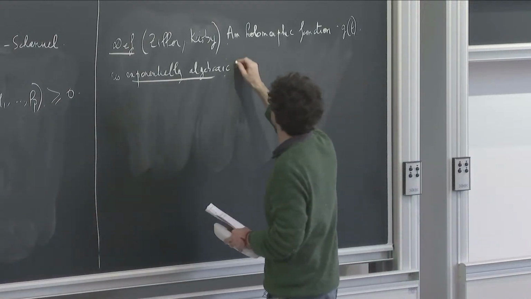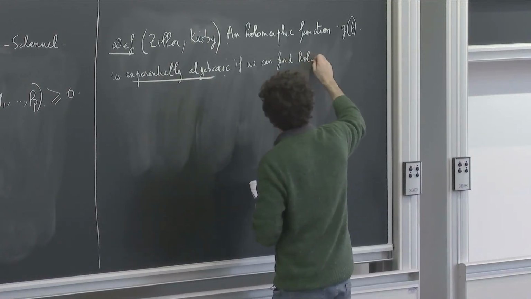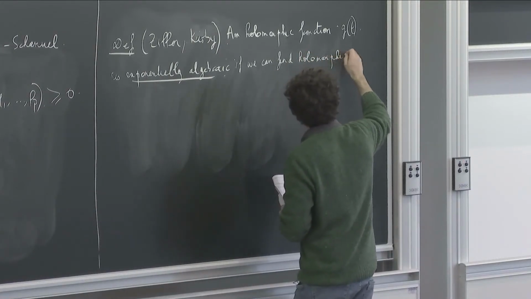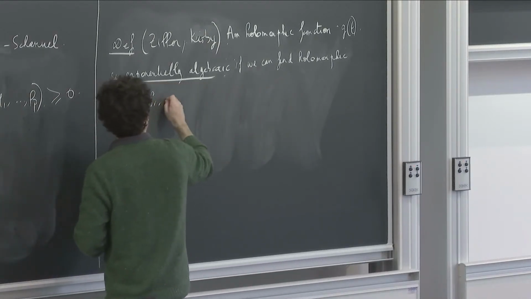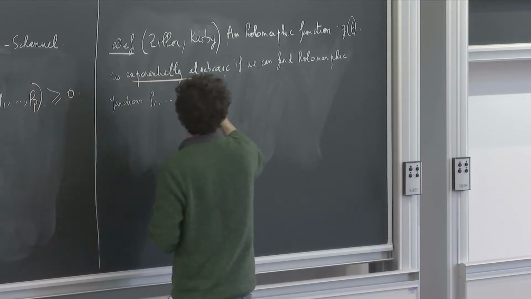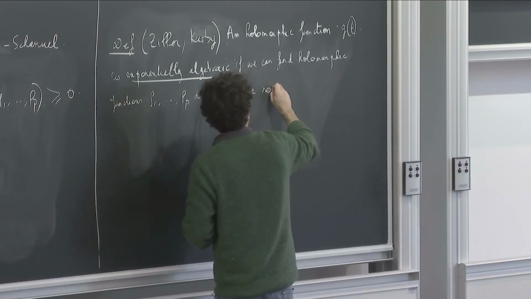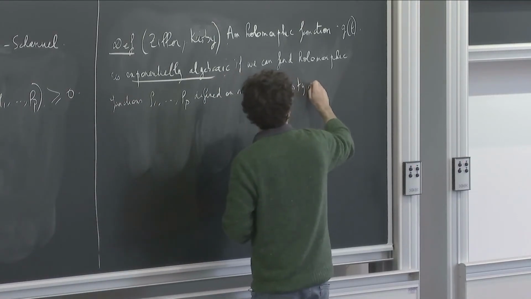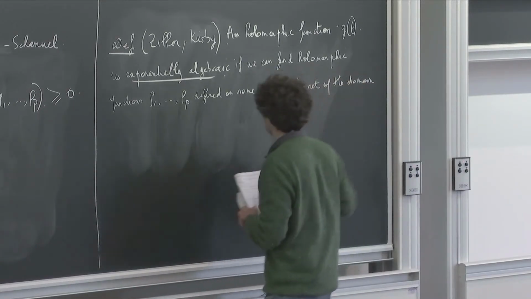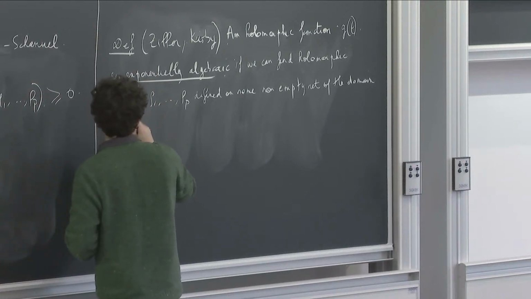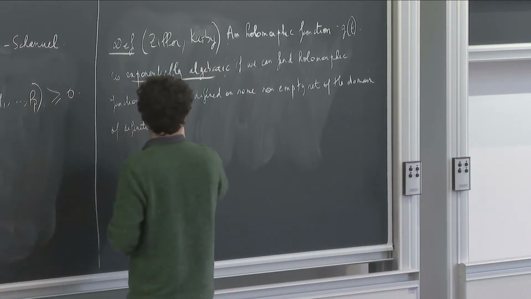if we can find holomorphic functions f1, ..., fp defined on some non-empty open set of the domain of definition of g(t). As in the case of algebraic functions, we allow the domain of definition to go down.